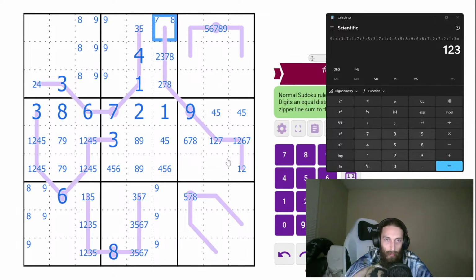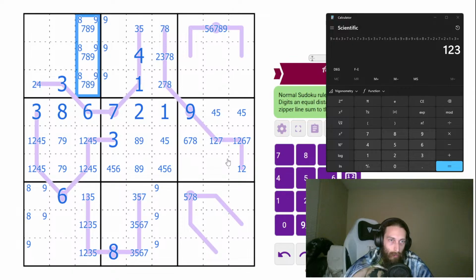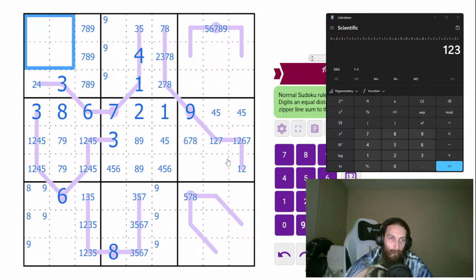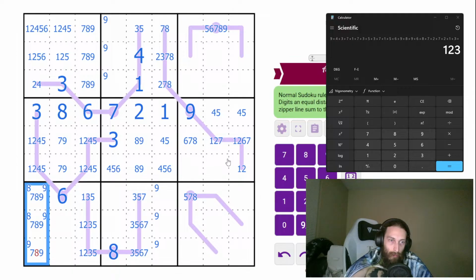Column 3. Those are 7. That's a 7, 8, 9 triple. And pairing that with the column 2 in box 4, it's 7, 8, 9 in column 1 in box 7.